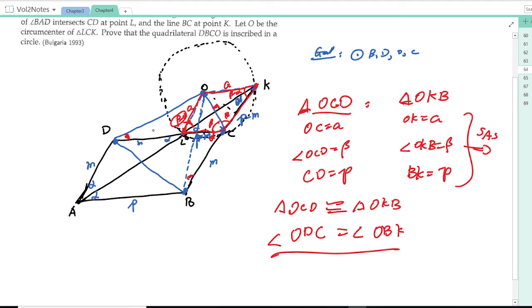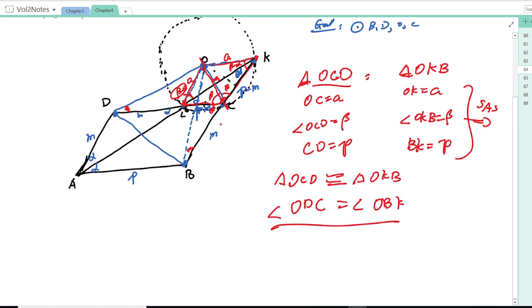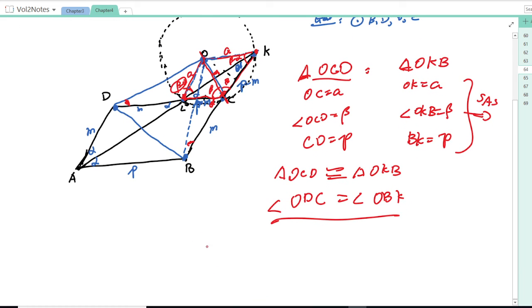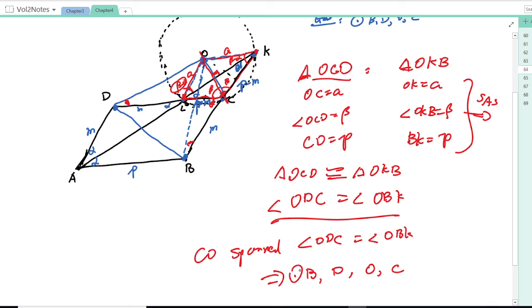If these two angles are the same, these two angles are spanned by the same chord, or the same arc. So CO spans angle ODC equal to angle OBK. Then what we know is B, D, O, C are concyclic.